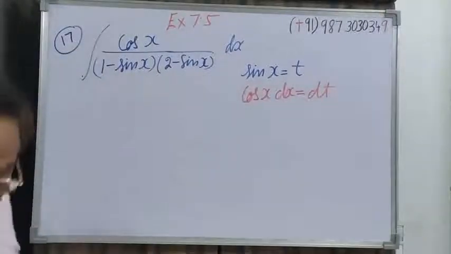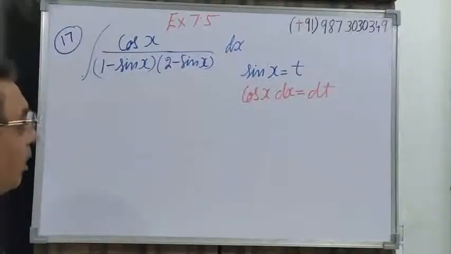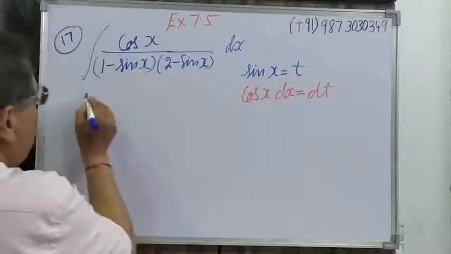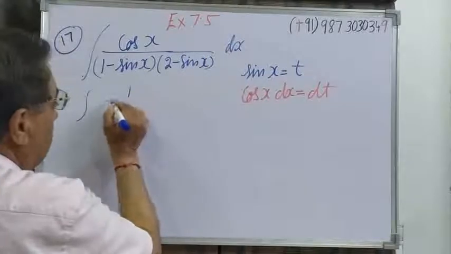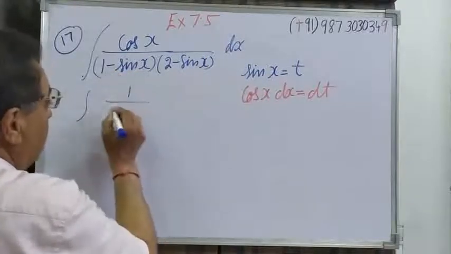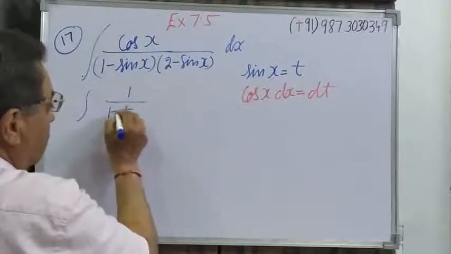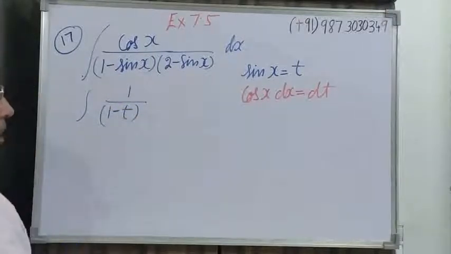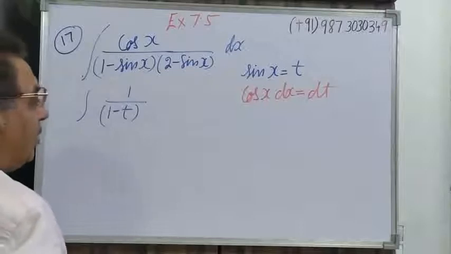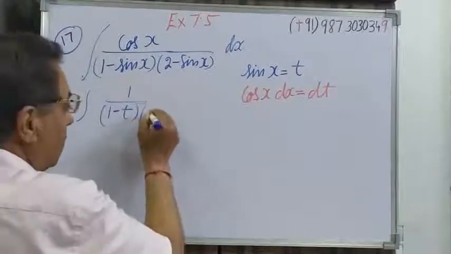Cos x dx is equal to dt. Now the quotient reduces to dt upon 1 minus t, because sin x has been taken as t, 1 minus t, and into 2 minus t.